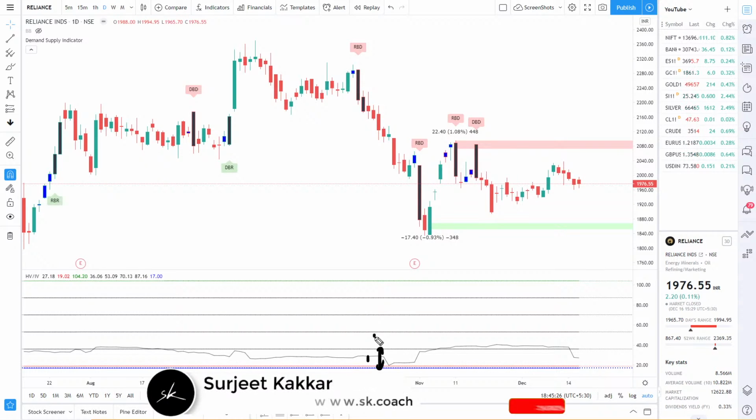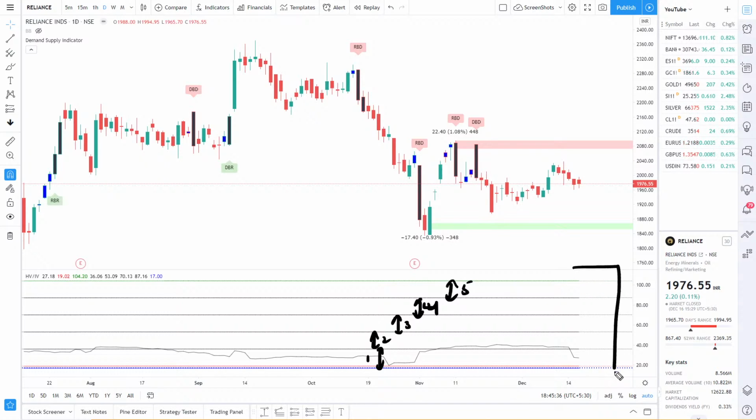So this is section 1, section 2, section 3, section 4, and section 5, right? Now we understand these are the five sections we have: very deflated, deflated, fair price, inflated, very inflated.